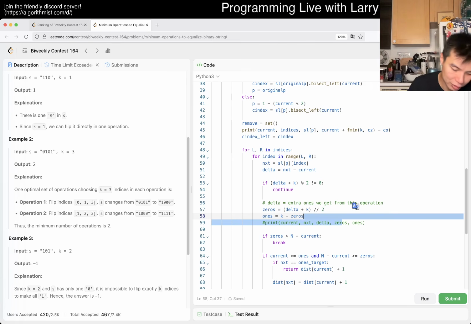No. You need 0 zeros because you're going down for delta, right? Well, it depends how you want to define it. So I guess it is always just 0 minus 1s actually. Because then now delta is negative.